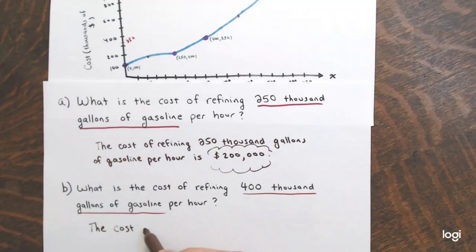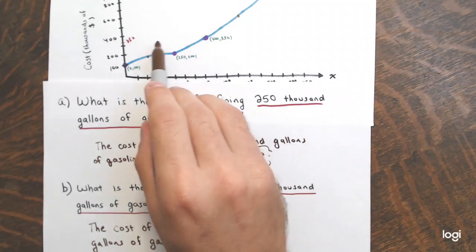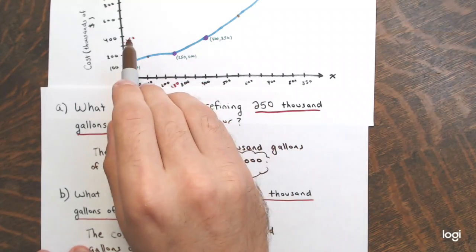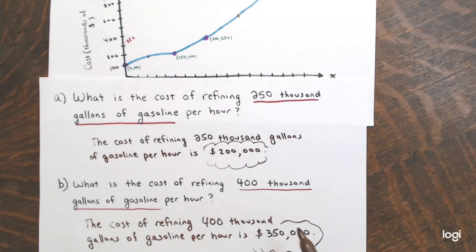The cost of refining 400,000 gallons of gasoline per hour is $350,000 that I'm seeing in the graph, with that labeled point. So dollar units, and then I'll just write 350 and throw the thousand there. Maybe put this in a bubble or something. $350,000 is the answer there.